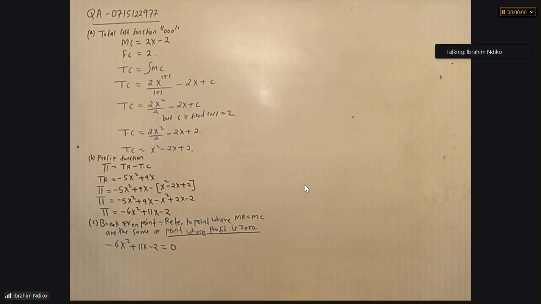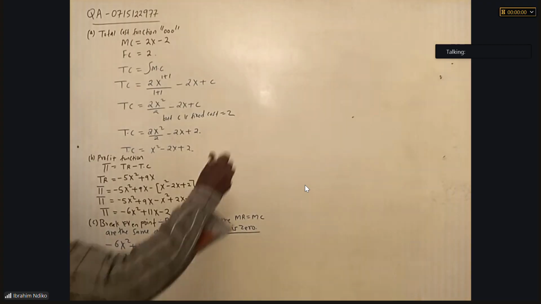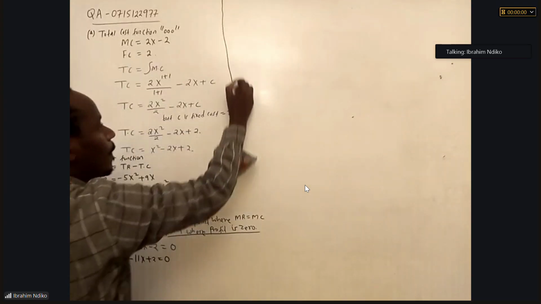Let us go away with the negative figure. So multiply every side by negative: 6x squared minus 11x plus 2 equals 0. So let us find the value of x.